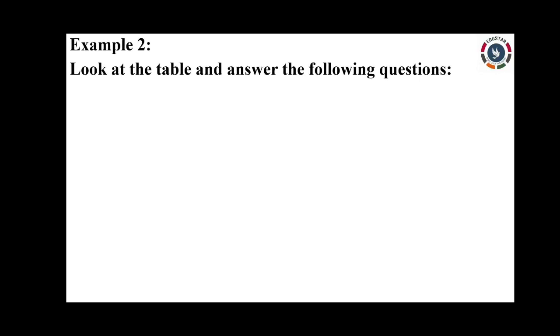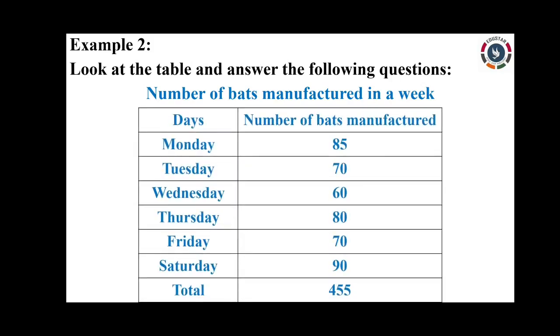Example 2. Look at the table and answer the following questions. The number of bats manufactured in a week is given. Monday, 85 bats were manufactured. Tuesday, 70 bats.